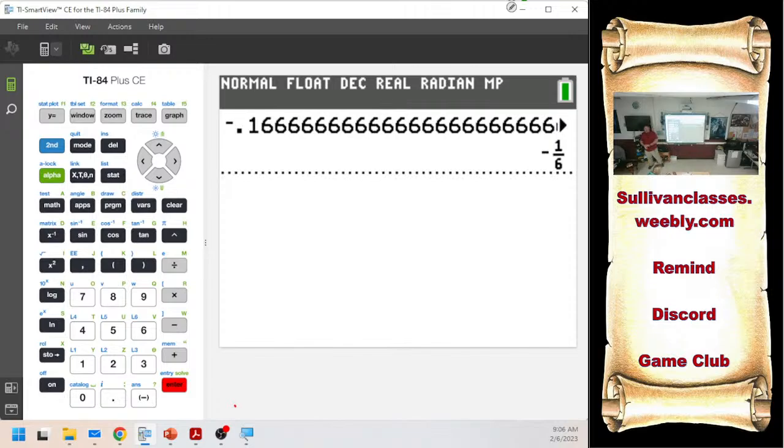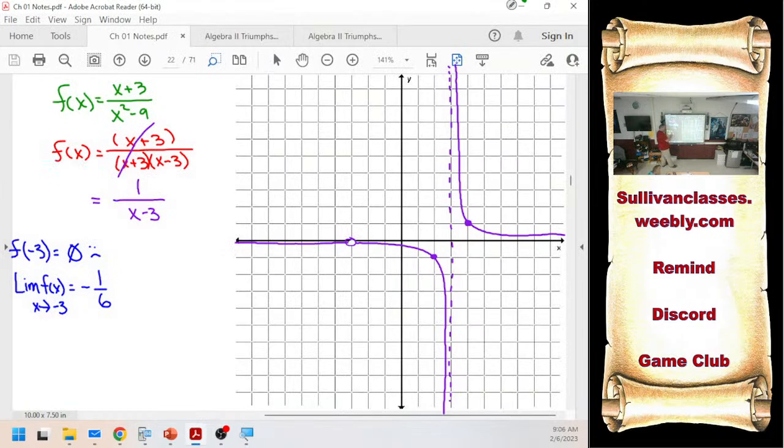Okay? So if you're ever doing this table stuff and trying to get really close to a value and you're not 100% sure if it's rational or not, you can always go back to the main screen like this and try to change it back to a fraction. Or if you remember this trick, you plug it into what's left.